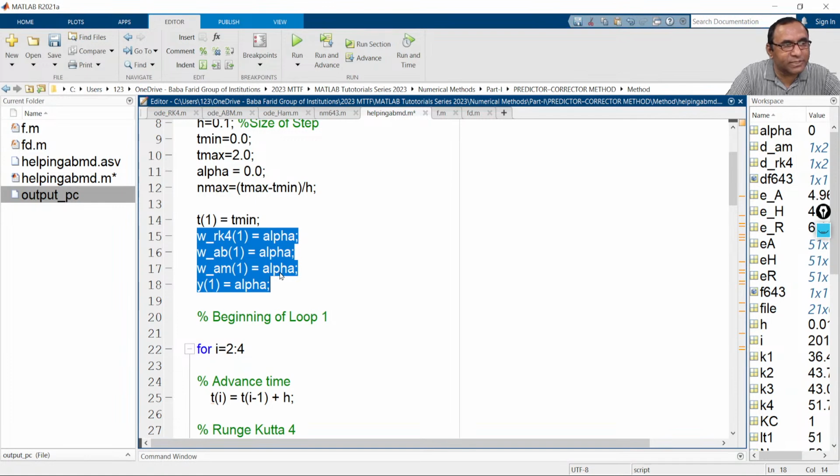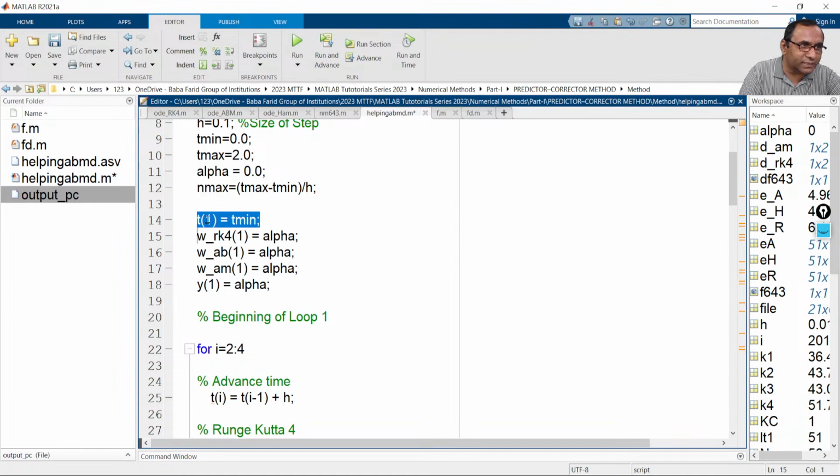T equal to 0 means T1 is equal to T minimum, and the minimum value of T is 0. Okay. So including this condition and this point, we have 4 points.